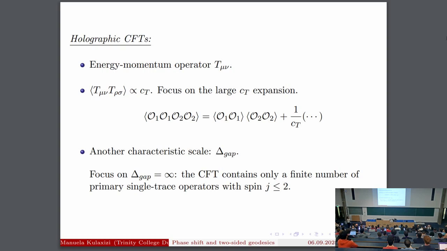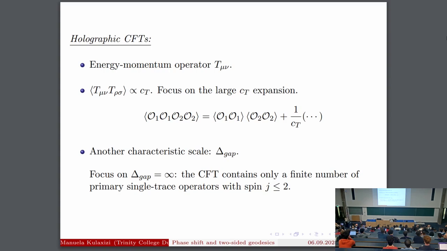One of them is the central charge, or rather the coefficient in the 2-point function of the energy momentum tensor, which loosely also characterizes the number of degrees of freedom of the theory. We will be working in the limit where this is very large, and to make contact with AdS5 cross S5 and N=4 super Yang-Mills in 4 dimensions, C_T is like N squared.